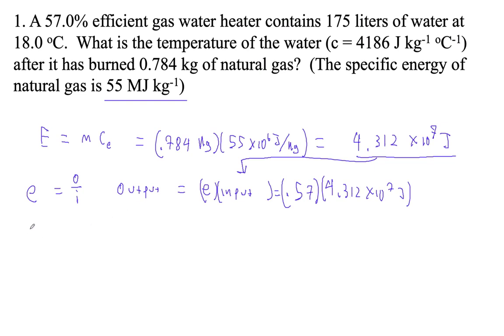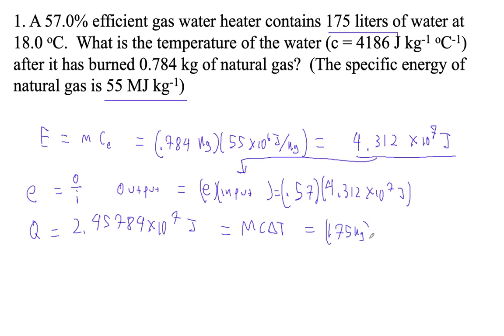So the energy that goes into the water, the Q, is equal to 2.45784 times 10 to the 7th joules. Okay, and then that's going to equal m c delta T. 175 liters has a mass of 175 kilograms, and 4186 is how many joules per kilogram it takes to raise 1 kilogram 1 degree Celsius.